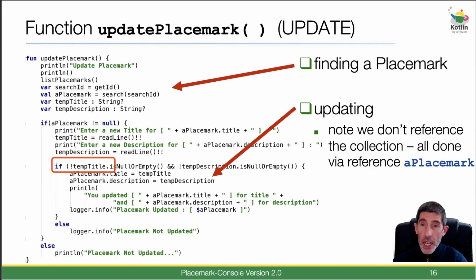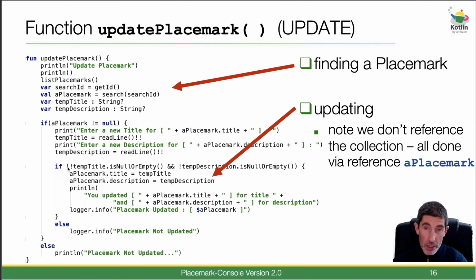So we check to see if that temp title is not null or empty and our temp description is not null or empty. We update the placemark title and the placemark description. Notice we're not referencing the collection. It's all done through app placemark, because we've returned in our search a reference to that same object inside the list.